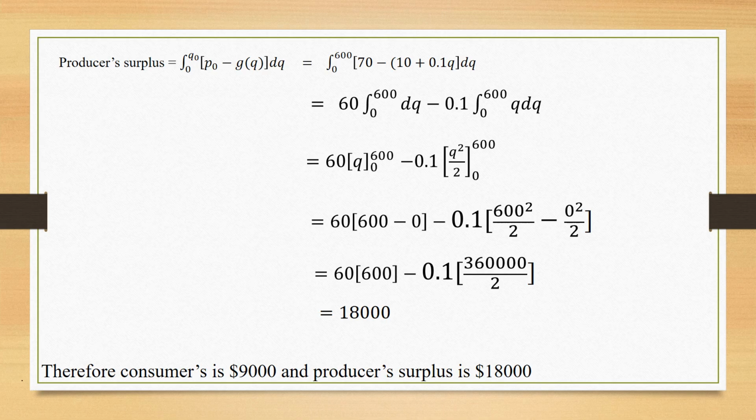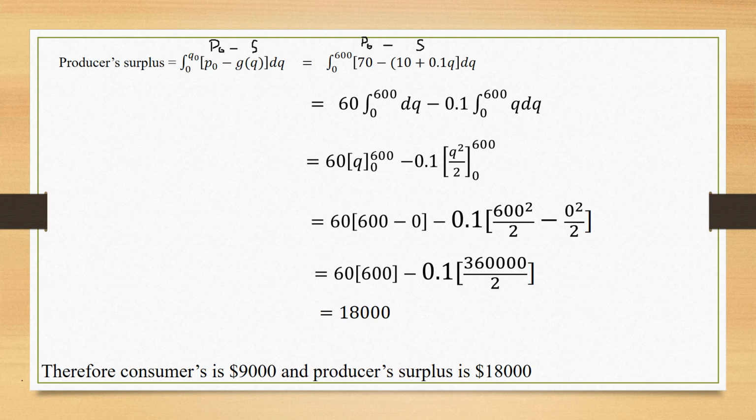The formula is the integral from 0 to Q naught of P naught minus the supply equation. From 0 to 600, because 600 is the value of Q naught, P naught minus the supply equation.